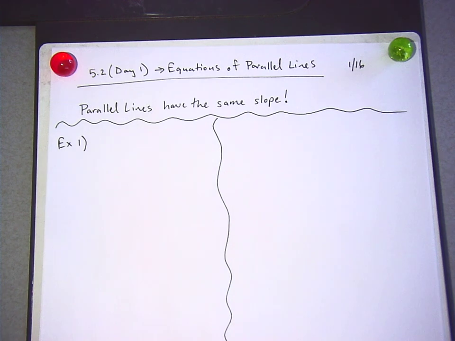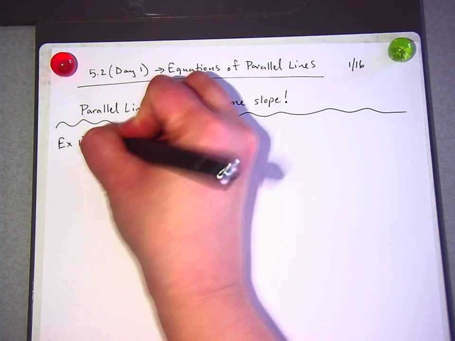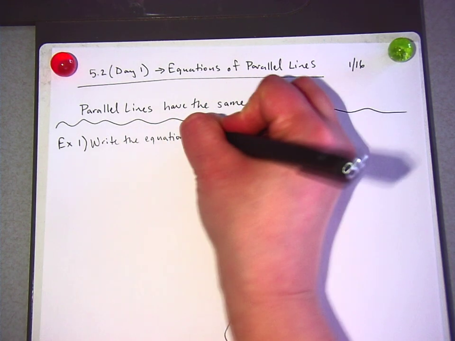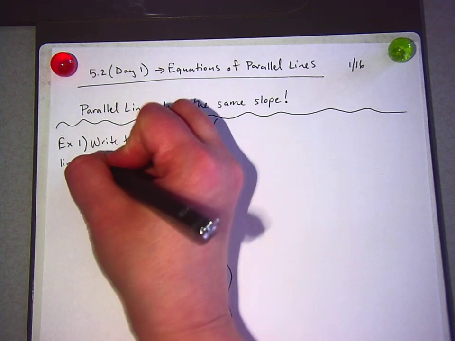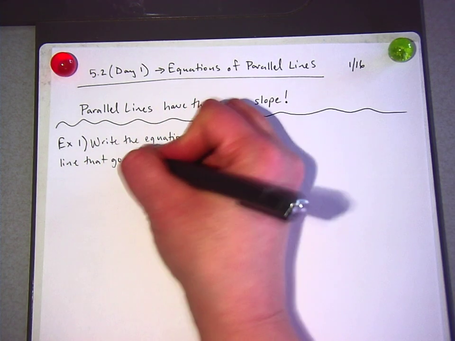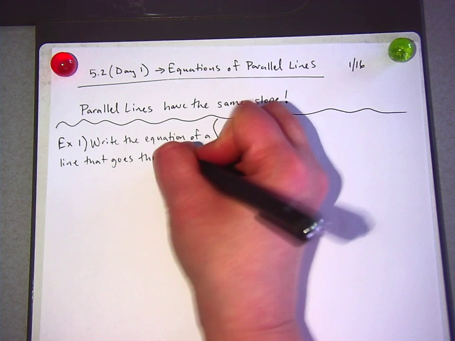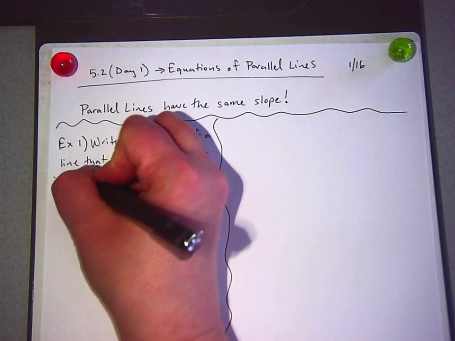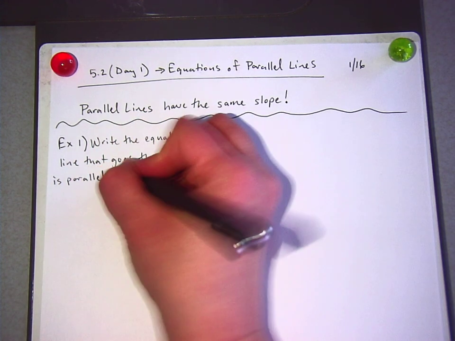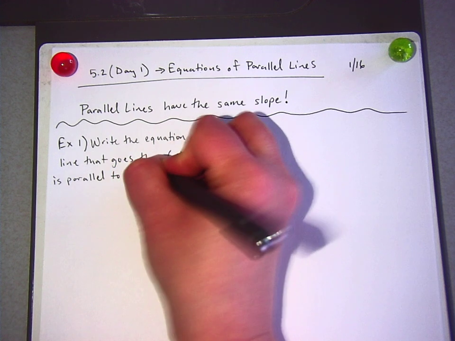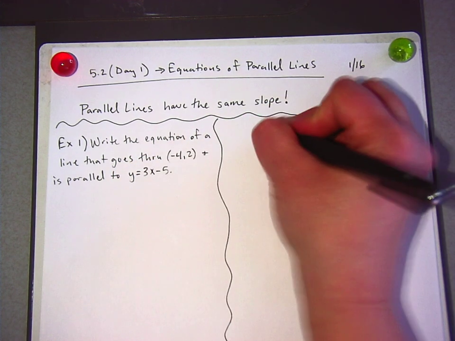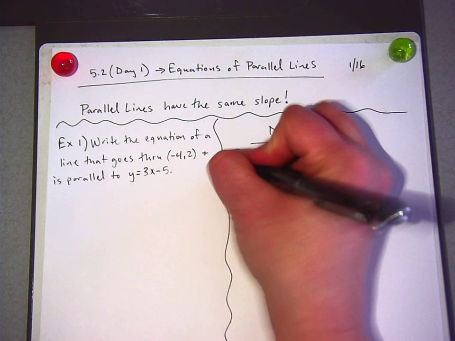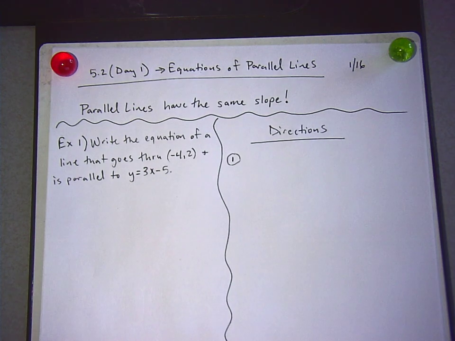So example 1: write the equation of a line that goes through (-4, 2) and is parallel to y equals 3x minus 5. Over here on this side, we'll have directions on how to write the equation of a parallel line. So step 1.